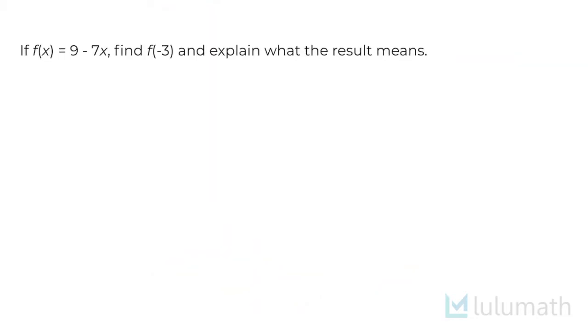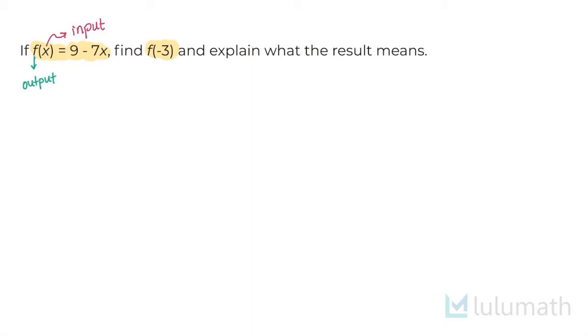So let's go straight into how to use function notation. It's actually a really convenient notation to use. So here, this is saying if f of x equals 9 minus 7x, find f of negative 3 and explain what the result means. So remember, this x right here is the input, and this f of x right here is the output.